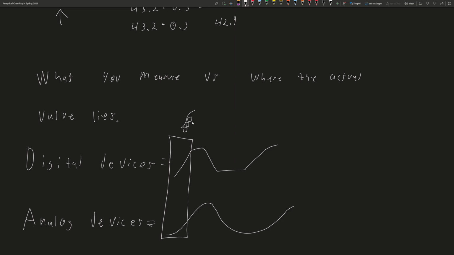And these ones and zeros are approximations of the actual value. The more data points you collect, the better that approximation will be. But you'll never reach an absolute point where the digital device 100% perfectly captures the analog signal. But that's totally okay.